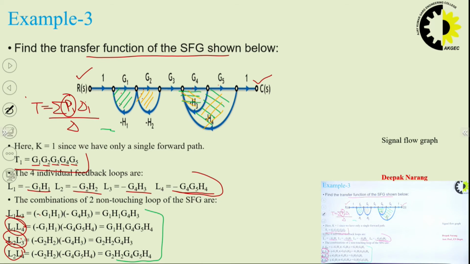Now can we see any further combination in triplets which are non-touching? No, there is no such combination.